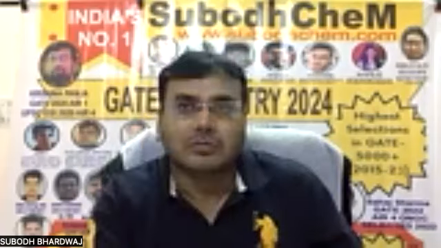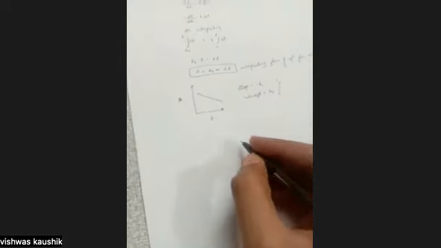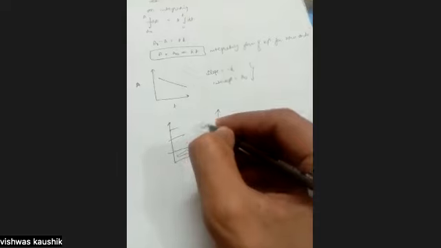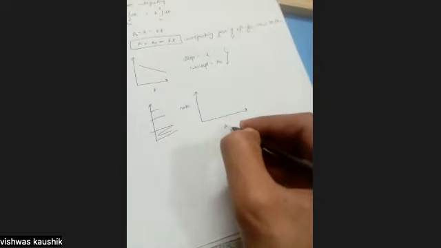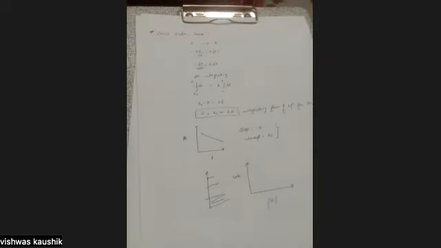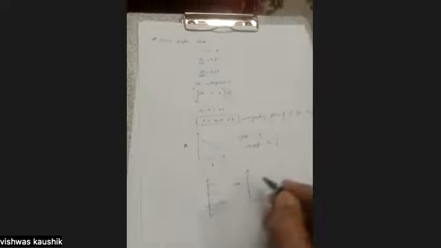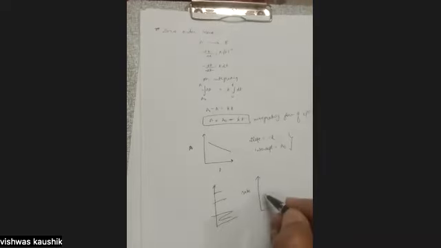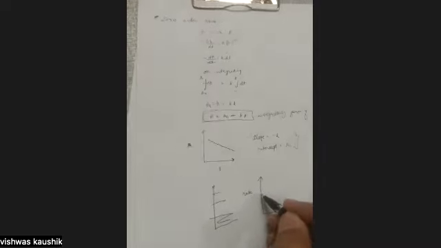So rate and concentration, it will be a straight line graph, sir. So the rate doesn't depend on the concentration of the reactant. I think it will be like this, sir.